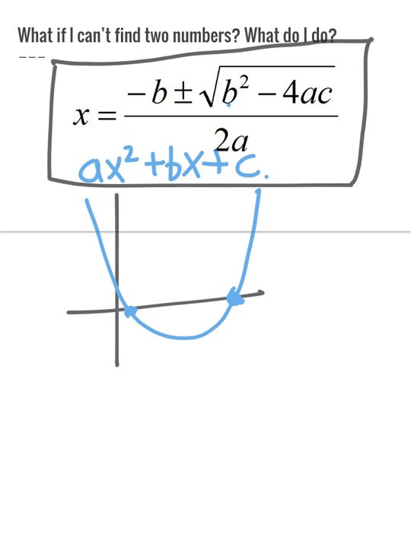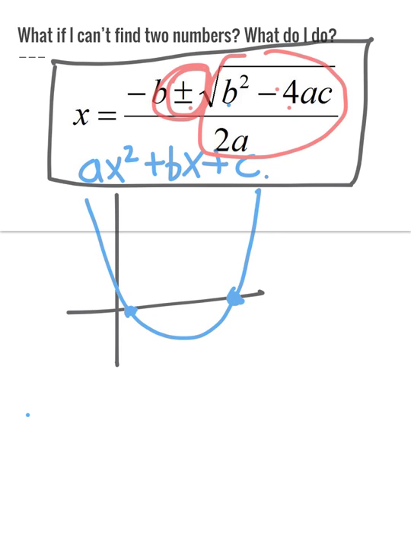But then I thought we'd usually be looking for two values, two answers. Well, don't worry about that, because this plus and minus sign over here gives us two different values, since you are essentially either adding this value to negative b or subtracting this value from negative b.